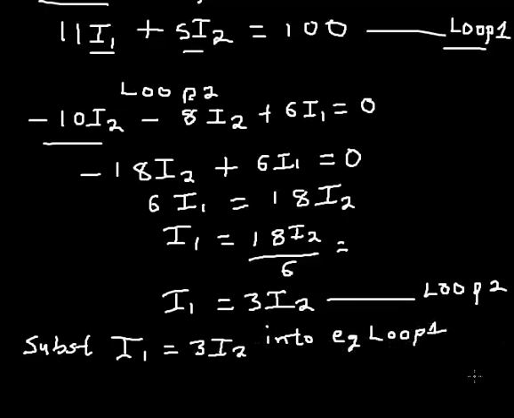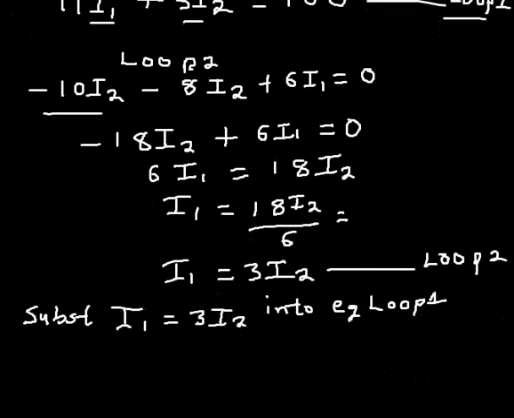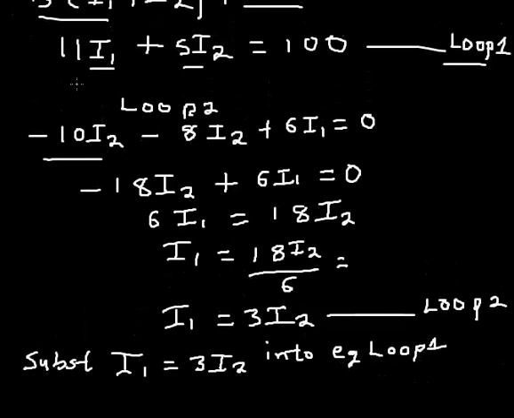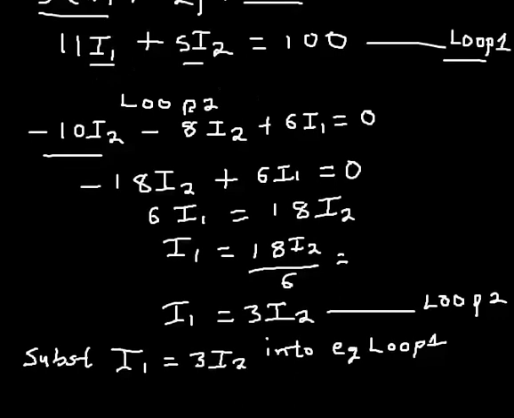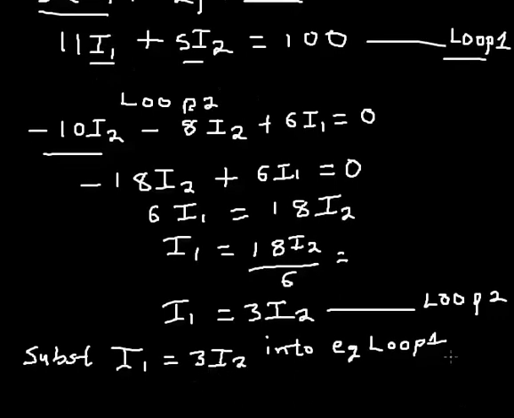So if I take the loop 1 equation, 11I1, I'll substitute I1 with 3I2.